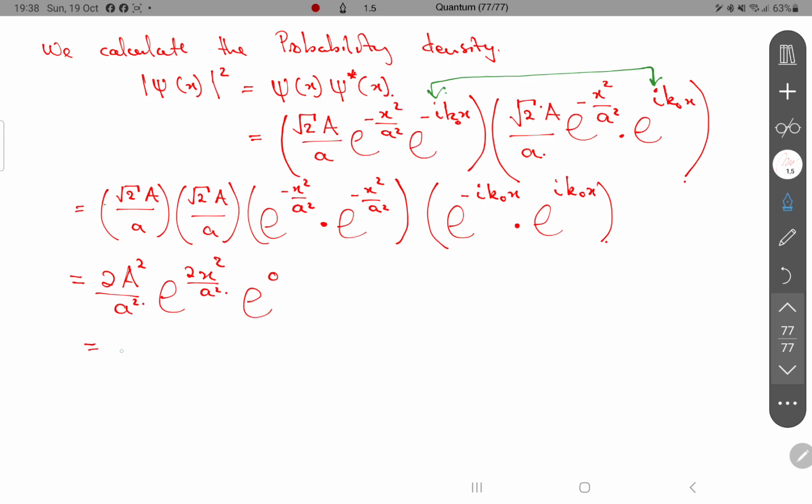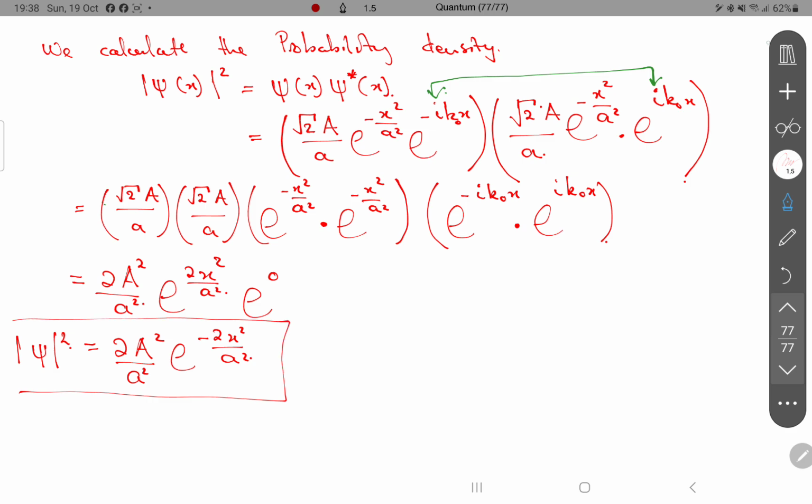So at the end of the day, you have 2a squared over a squared, e to the power negative 2x squared over a squared. Remember, this is the probability density function.